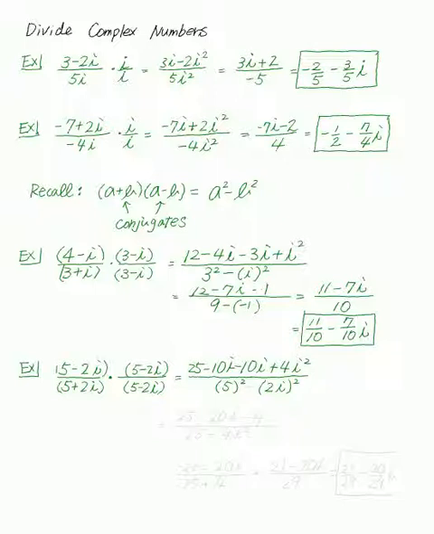Down below, I'm going to use the rule that I have above, the difference of 2 squares. I'm going to end up with 5 squared minus 2i squared. Up above, I have 25.